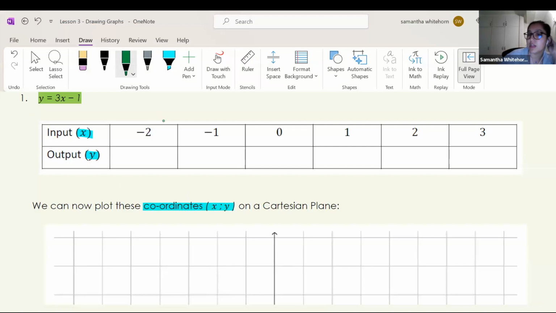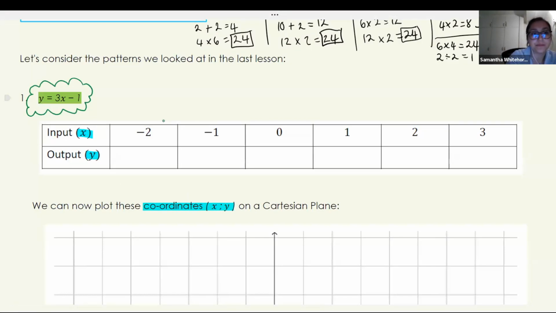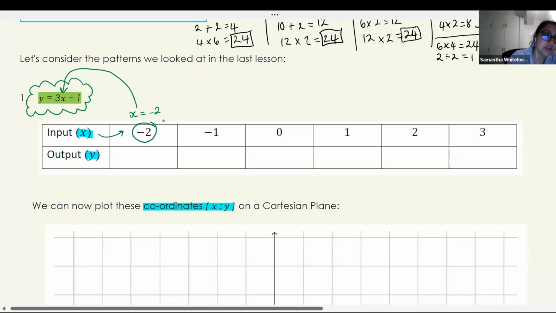Those of you that are new, this is a bit of a refresher for the others, but hopefully not too tricky. We have got this equation that we were given, y is equal to 3x minus 1. We have been given that x is equal to minus 2. The input is minus 2. We now want to substitute that into our equation.